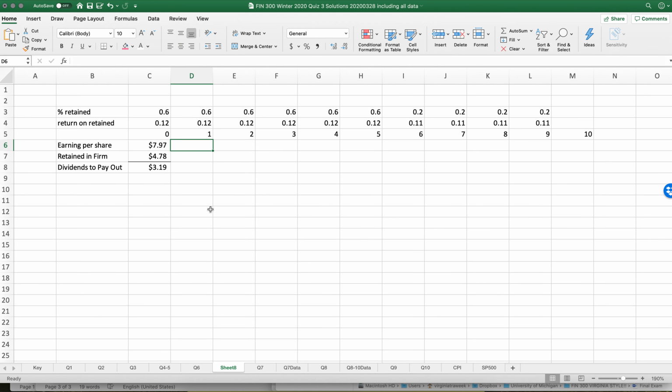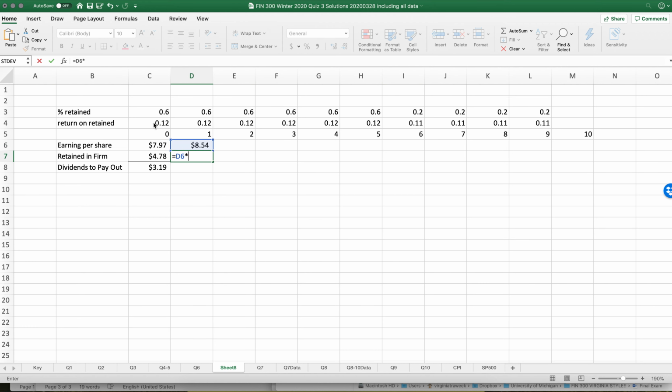Okay, so what happens is our earnings per share next year are going to be the earnings per share from the prior year plus that times whatever return we get. So earnings per share will be $8.54 next year.